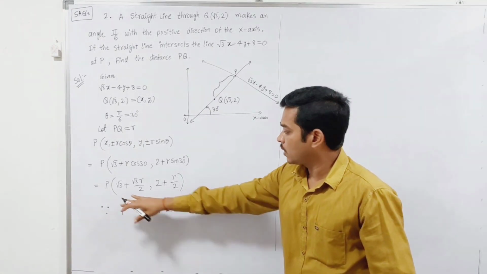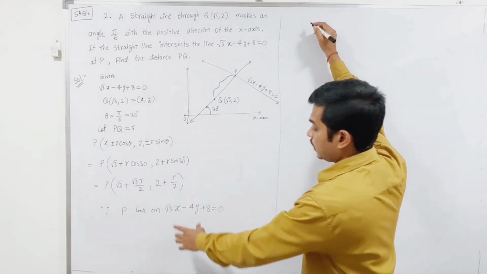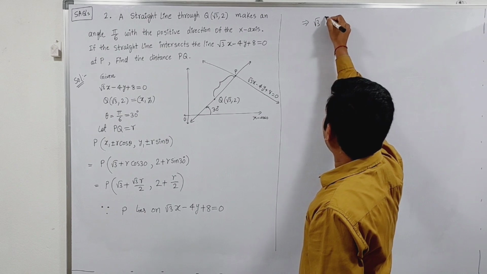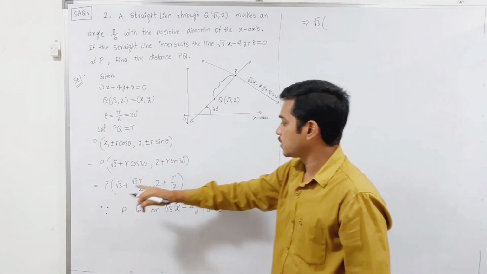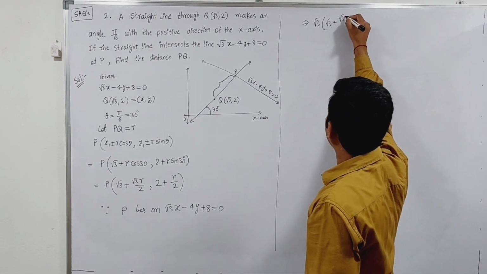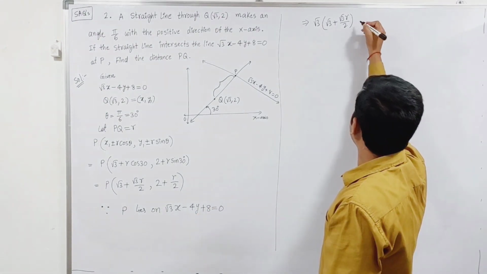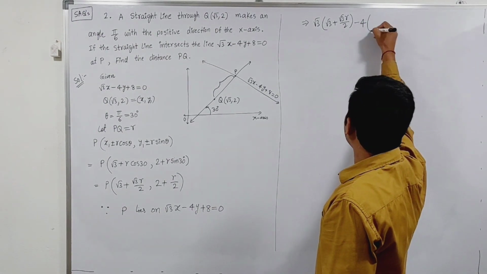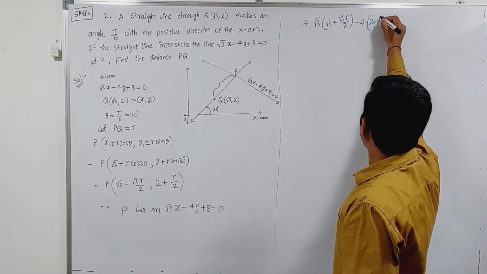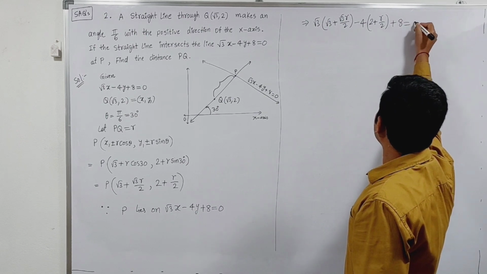Replace the x coordinate in the place of x, y coordinate in the place of y in the given equation. That implies root 3 of x coordinate of P, root 3 plus root 3 r by 2, minus 4 into y coordinate of P, 2 plus r by 2, plus 8 equal to 0.